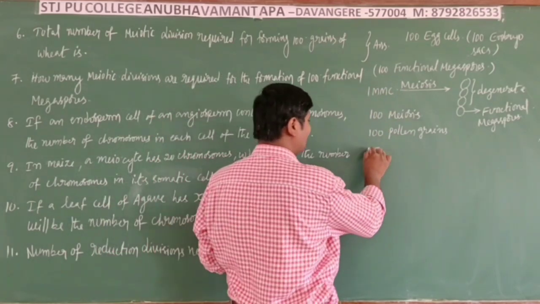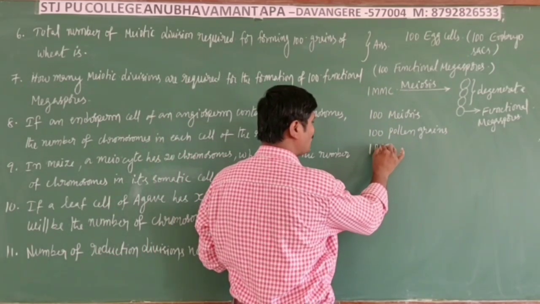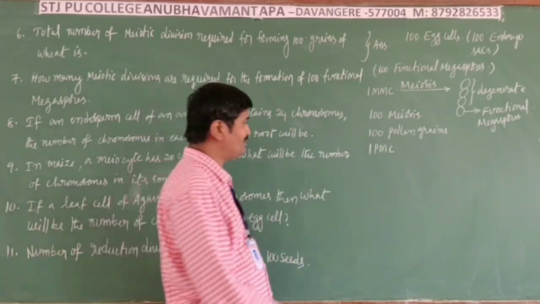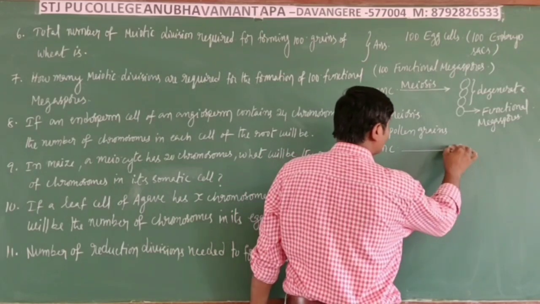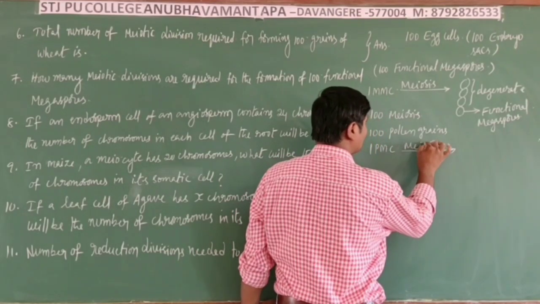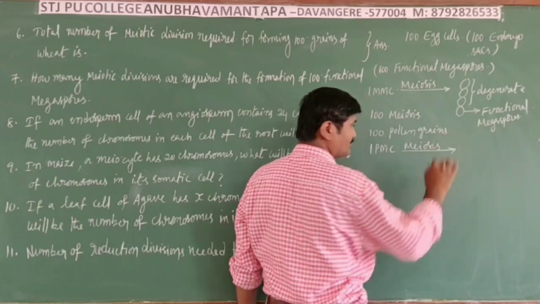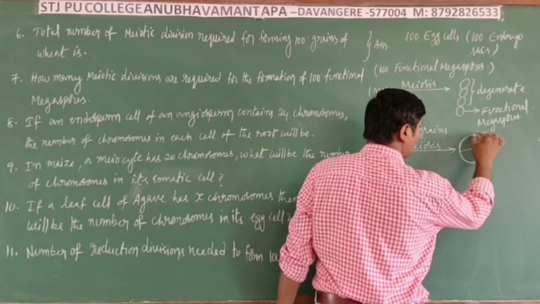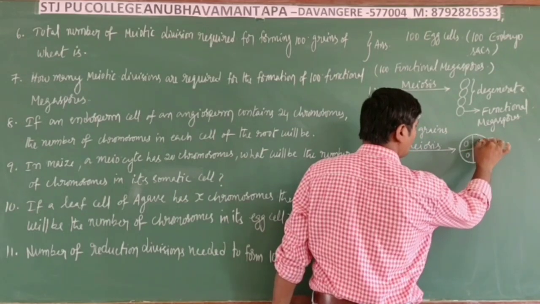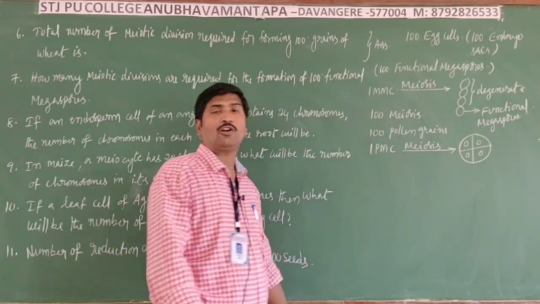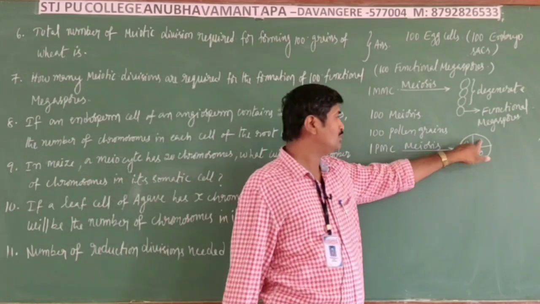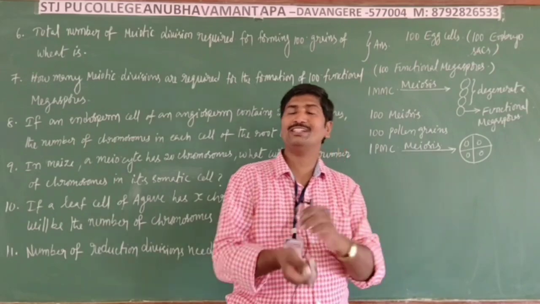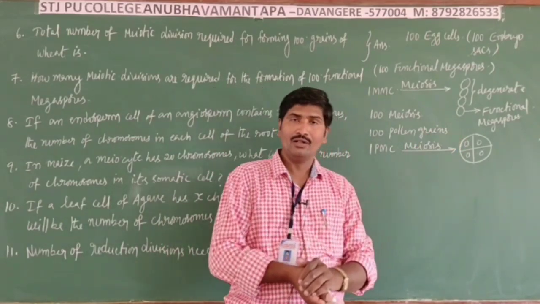See here, this is one PMC, pollen mother cell. It undergoes meiotic cell division and forms the pollen tetrad, 4 microspores, and later these microspores represent the pollen grains.